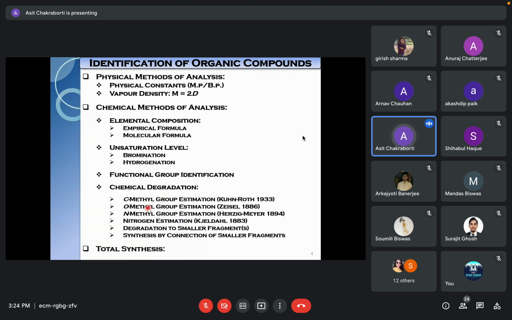Methyl attached to an sp3 carbon, methyl attached to an sp2 carbon that is part of an olefin, and methyl attached to an sp2 carbon that is part of a carbonyl group. Simple example: for the carbonyl group, the shift will be highest, for the sp3 it will be lowest, and for the olefin group it will be in between.